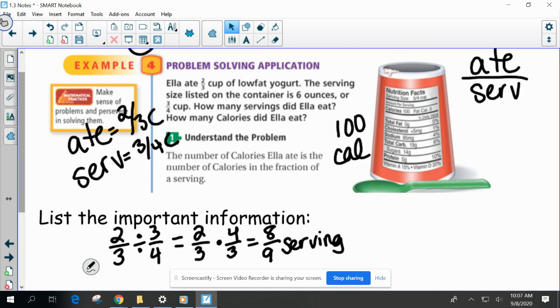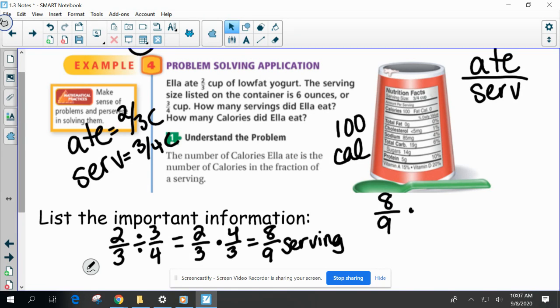How many calories did I eat? 270. How did you get that number? You had the number 90 and you had the number 3. How do you get it to be 270? Multiply. So we're going to take 100 calories and 8/9, multiply it.